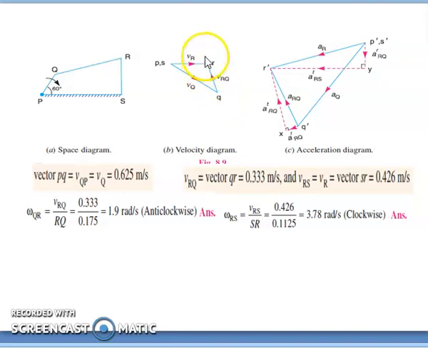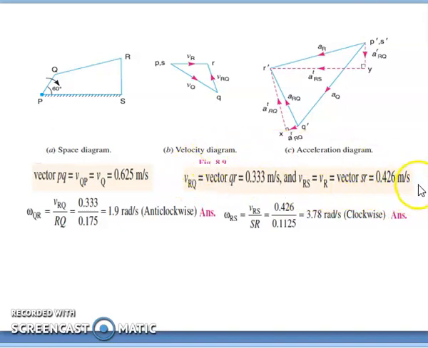Now if you measure this, you can find the velocity of R with respect to Q, which is equal to 0.33 meter per second. And if you measure SR, you can find the velocity of R with respect to S, since S is stationary, which is equal to the velocity VR, which is equal to 0.426 meter per second.